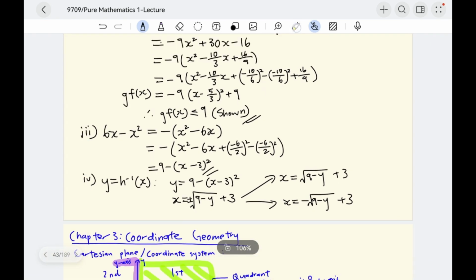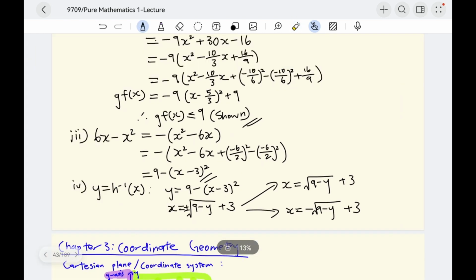And then the y. Y refers to the range of h(x). So what is the range of h(x)? Okay, figure out by yourself. I'm not going to repeat the same method again. It has a maximum point, so it means that h(x) is only until 9 only. Right?